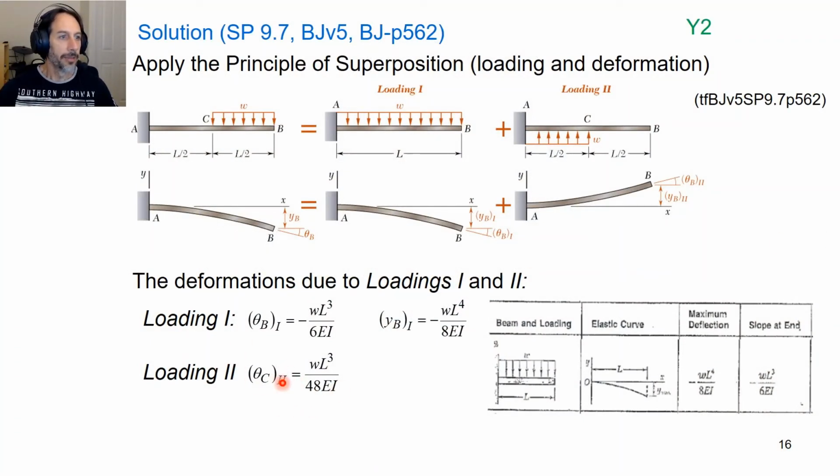First part, C to C, we can just get that from this equation, slope at the end, but we need to be careful. Our length here is not L, but L over 2. If we substitute L over 2 into here, 2 cubed is 8, so 6 over 8 is 48.